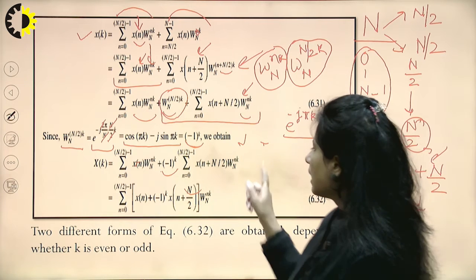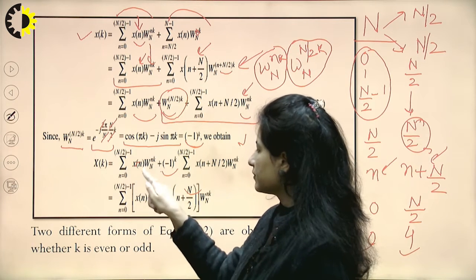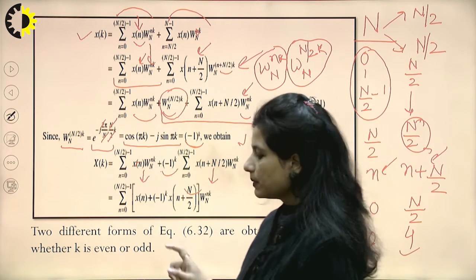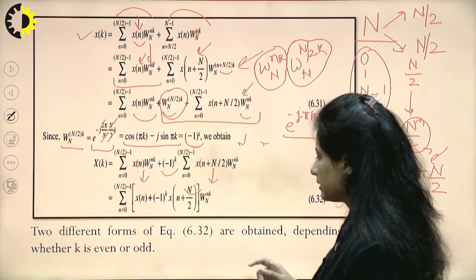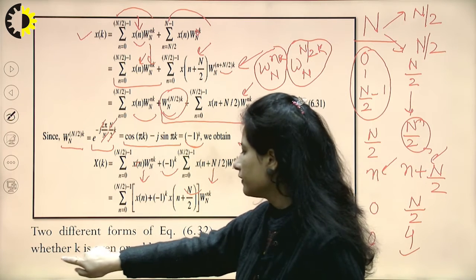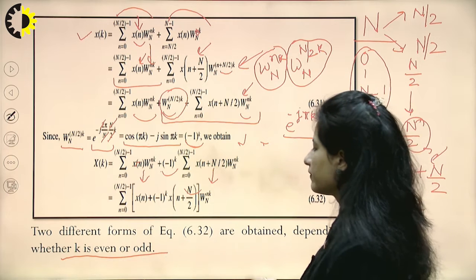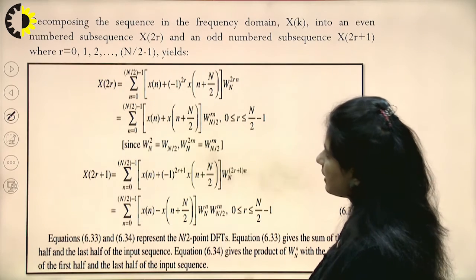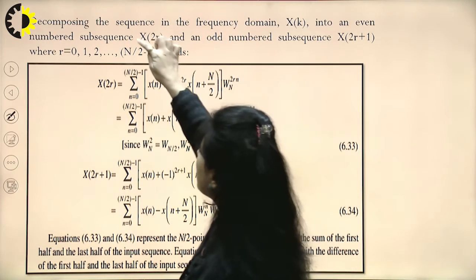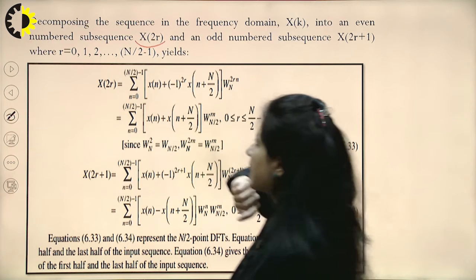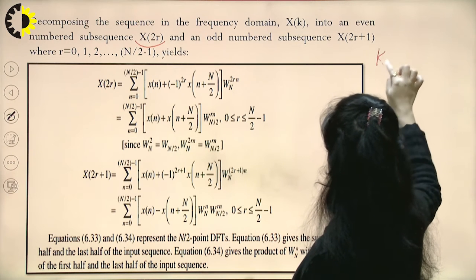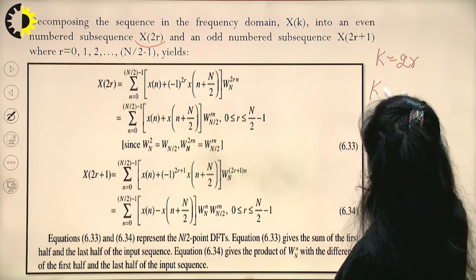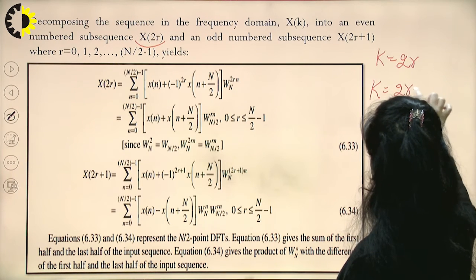Now these two samples, that is the first half sample and last half sample, either they would be added or they would be subtracted depending upon the value of k, if k is even or if k is odd. So let me take these cases of k even and odd. If k is even, X(k) is shown as X(2r), and for odd, this is X(2r plus 1).